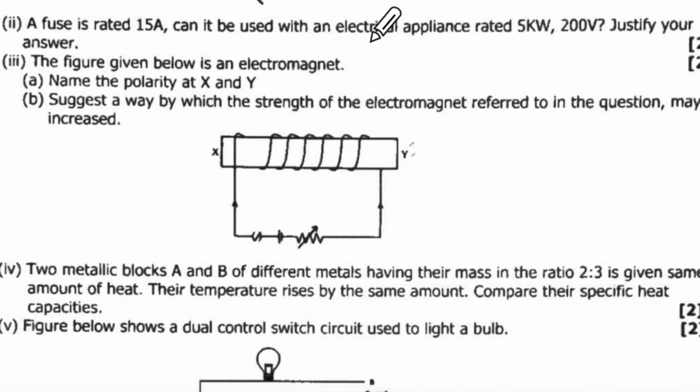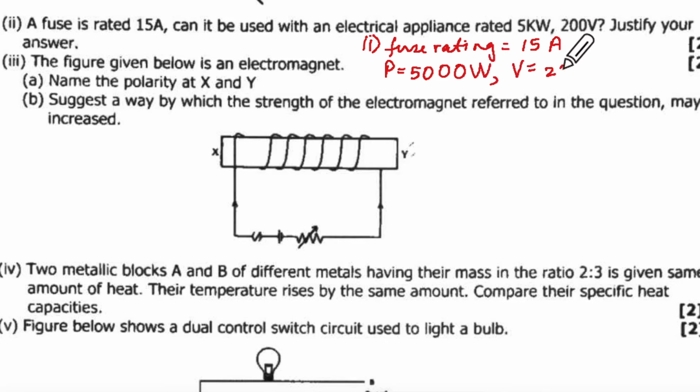So you are going to write fuse rating is equal to 15 ampere. The power of the appliance is 5 kilowatt, means 5000 watts, and the PD is 200 volt. So the safe current, what is your safe current?